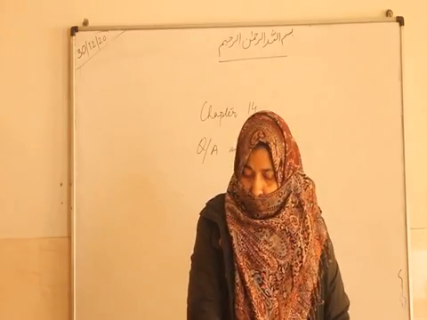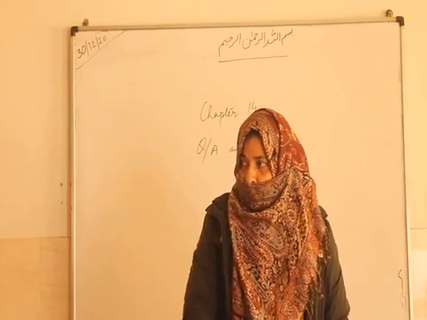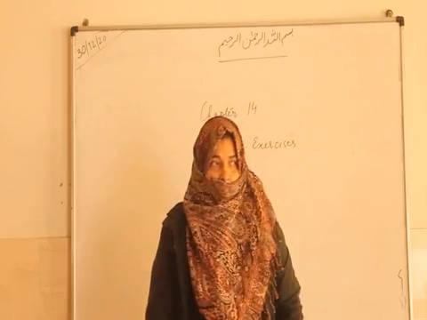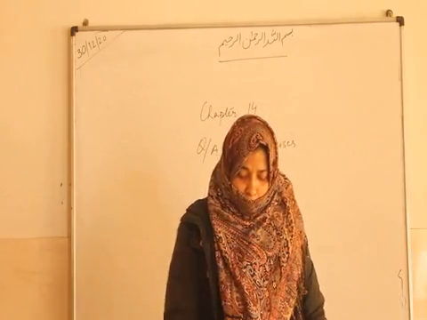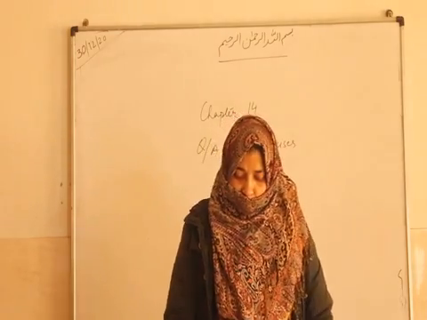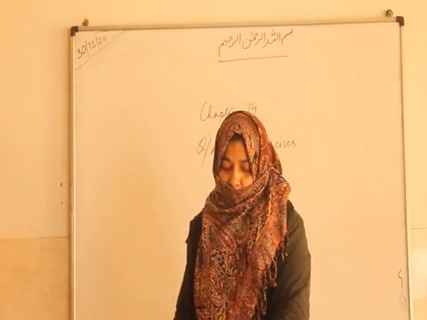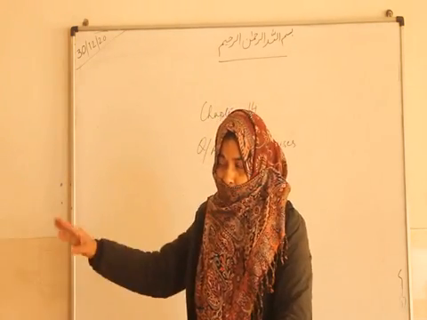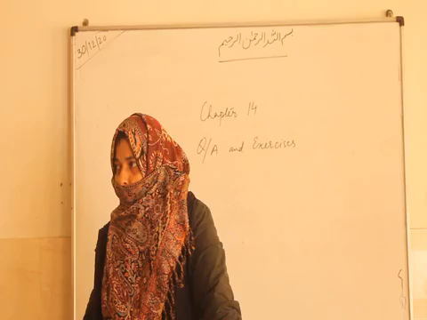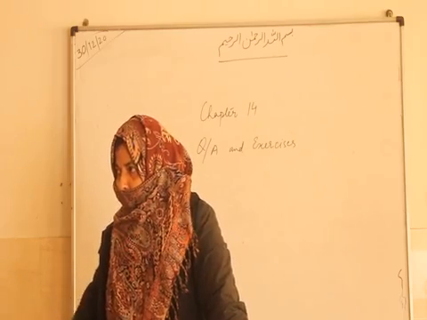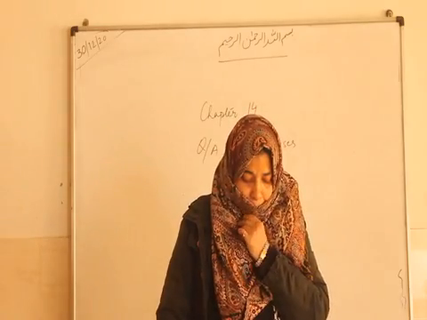P 4000, Q 6000. Difference between the two? 2000. How many breaths per minute is the athlete taking? Here, breathe in 1 second. 5 seconds, 5 breaths. So in 1 minute, 60 seconds, how many? 60 breaths.